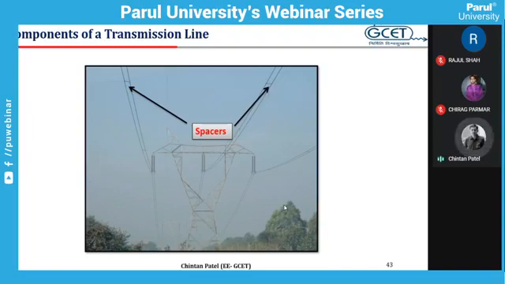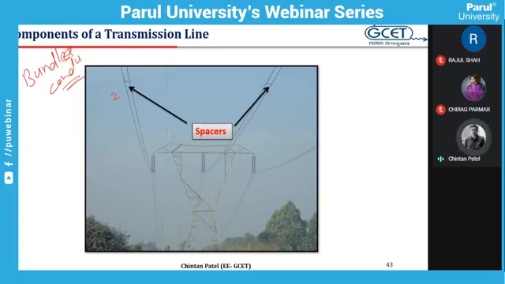The next is the spacers. Now the spacers are used in the overhead transmission lines where the bundle conductors are used. Bundle conductors. We know what bundle conductors are. The bundle conductors are the conductors in which more than one conductor is used per phase.